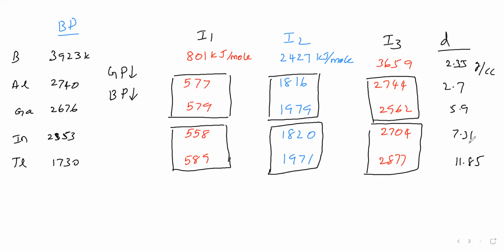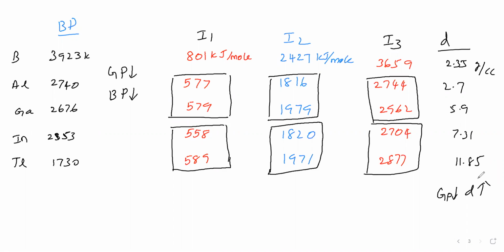Down the group density increases. Boron to thallium, down the group density is increasing.